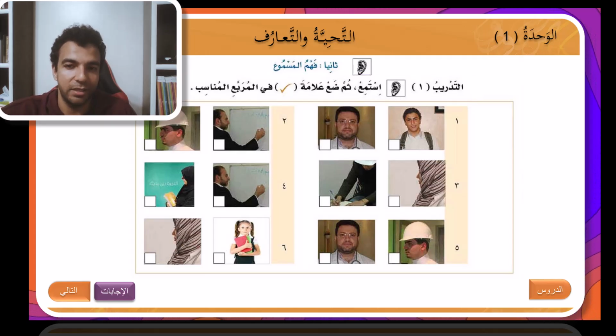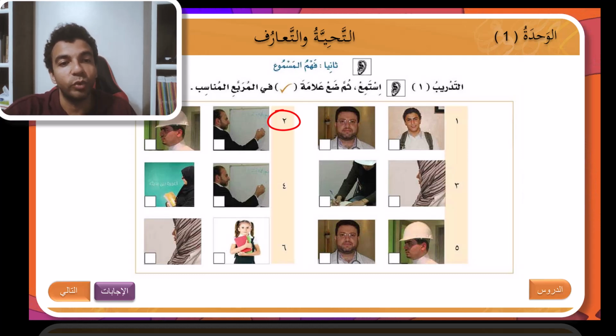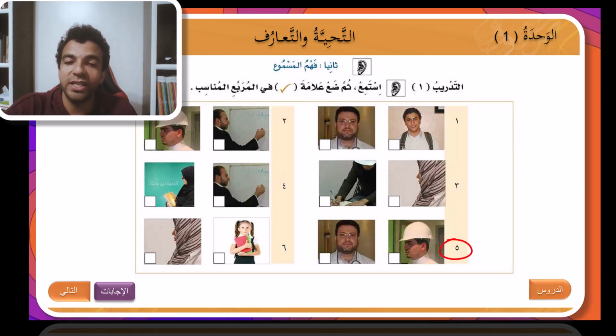For واحد, which one is طبيب? For اثنان, which one is مدرس? For ثلاثة, which one is طبيبة? For أربعة, which one is مدرسة? For خمسة, which one is مهندس? For ستة, which one is طالبة?